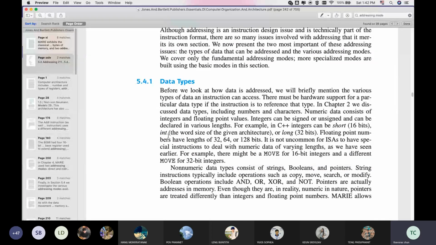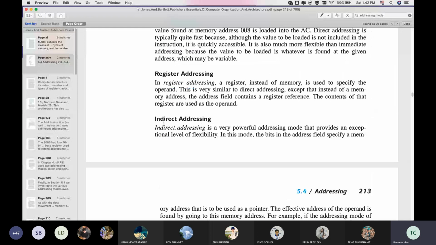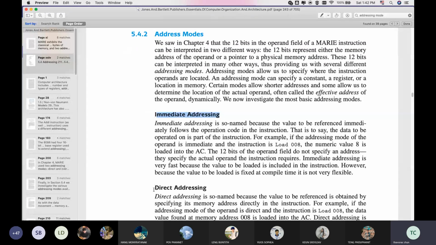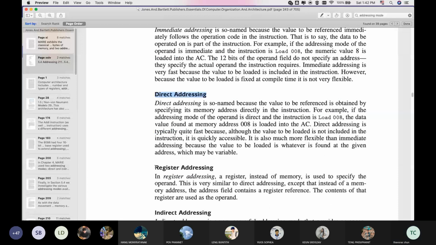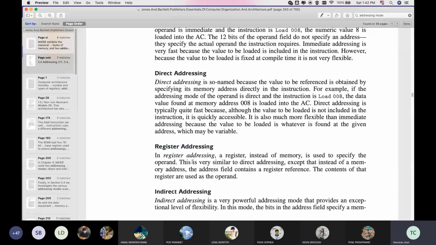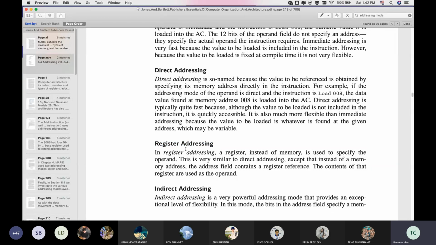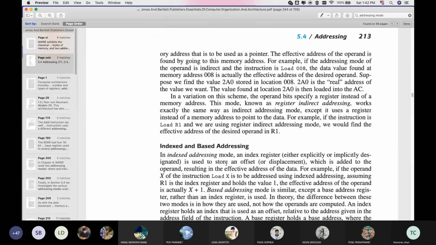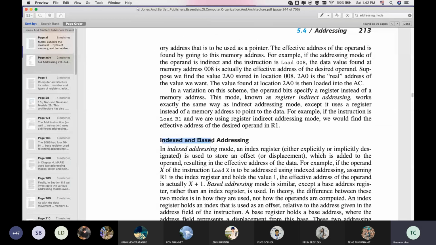So in here we are talking about the addressing mode, and there are different kinds of addressing mode here. All right. We already talked about it last year, so just to review so that you can remember. We have immediate addressing, we have direct addressing, we have register addressing, or you can call it register direct addressing, which is the same thing. And we have register indirect addressing, and then we have index and base addressing.